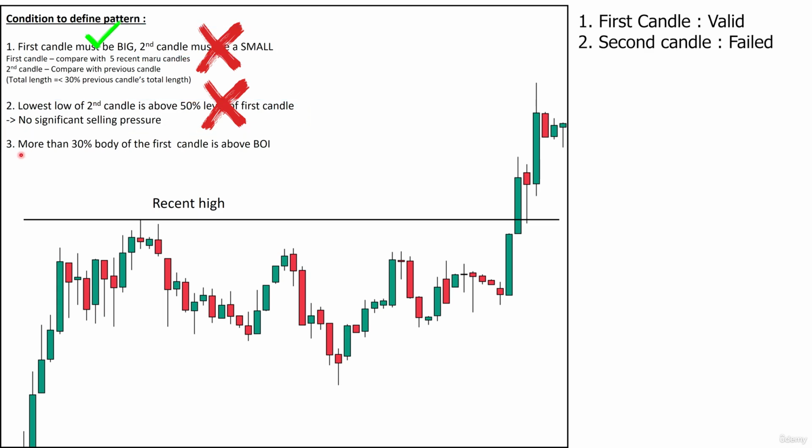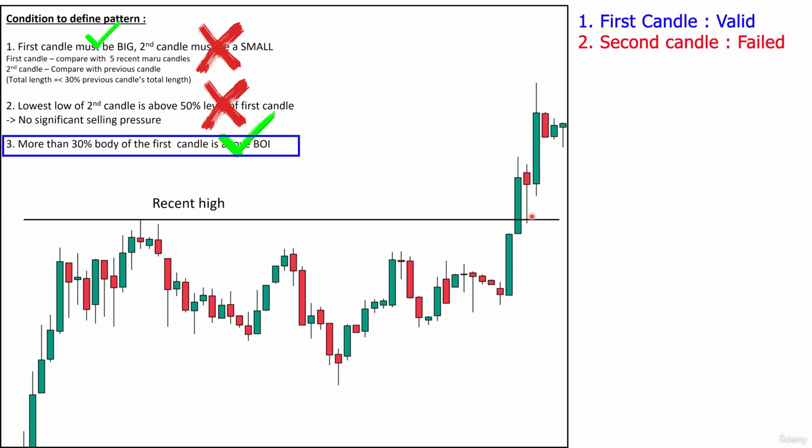And the next standard right here: more than 30% of the body of the first candle is above the breakout line. Breakout line means the recent high right here, and we can easily see that almost the whole body of the first candle is above the breakout line. Therefore, at this time, the first candle is valid and the second candle is invalid.